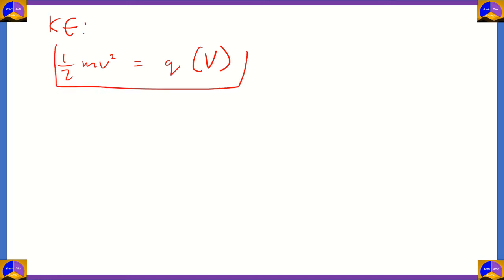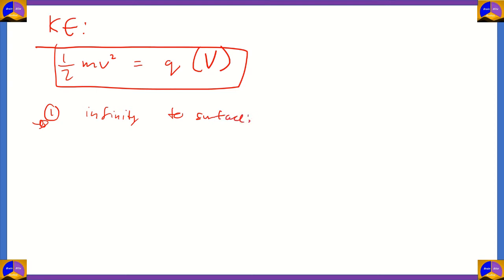So how do we solve this question further? We use the formula for kinetic energy and equate it to q times the potential. So half mv squared equals q times V. This is the correct formula. On applying it, the first case is from infinity to the surface.